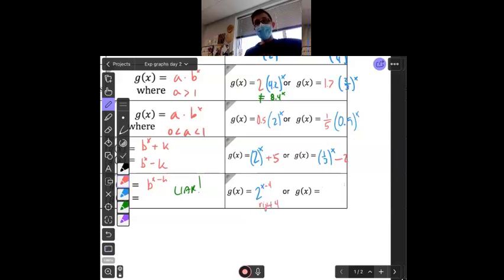Just notice how it's up in the exponent versus here it's just straight up after it. Again, like 1/3 to the x plus 1. That would be a left 1.